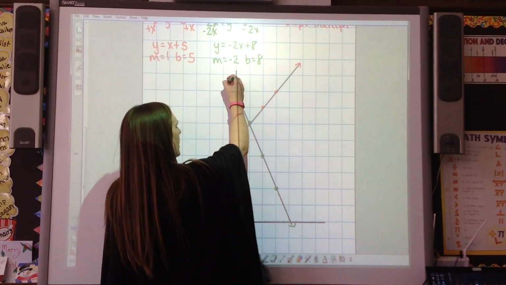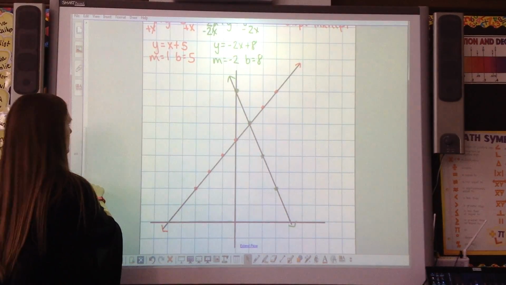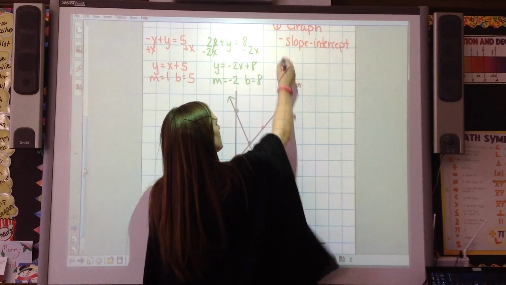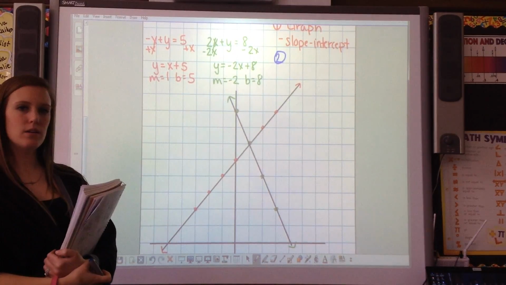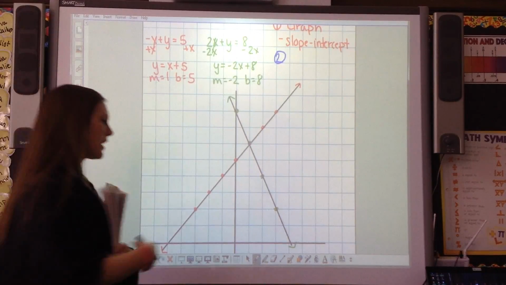Both equations are graphed. I'm going to put a step 2 up here. I'm going to add to my list. Your solution is where the 2 lines intersect.